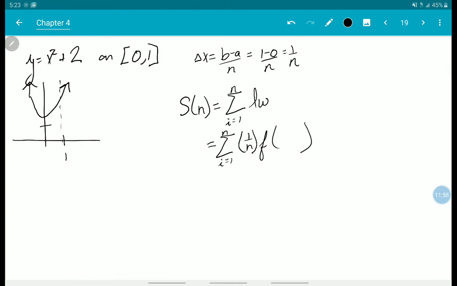So where are we starting? In this case, we're starting at 0. And we are incrementing by 1 over n units times i.